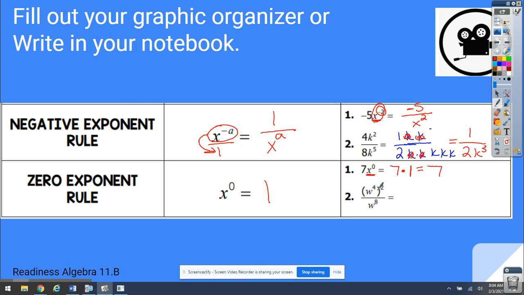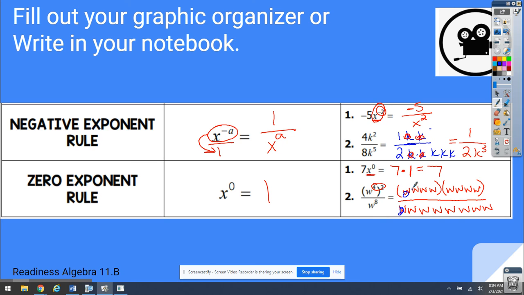So product rule, or power rule. If I take these two, I'm going to repeat this here. I'm going to have W, 1, 2, 3, 4, twice. And then I have my 8 W's down here, 1, 2, 3, 4, 5, 6, 7, 8. And now let's go ahead and cancel.